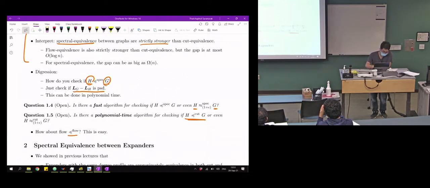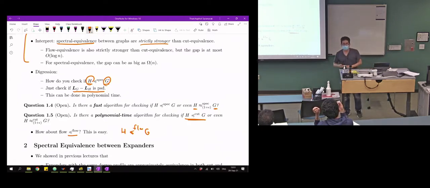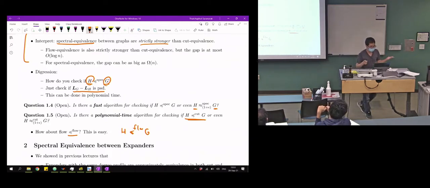So how about flow? Flow is easy actually. You can check this in polynomial time. Why is that? It's about solving the multi-commodity flow problem, and you can solve that by LP.